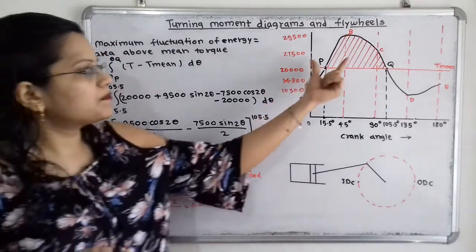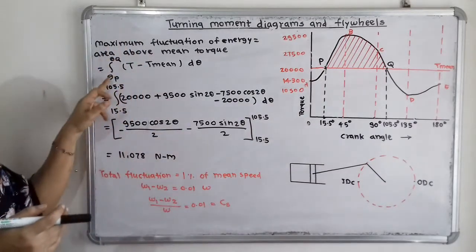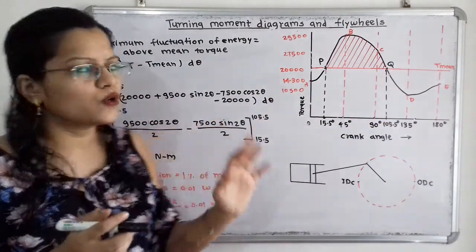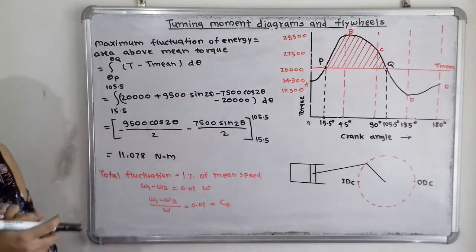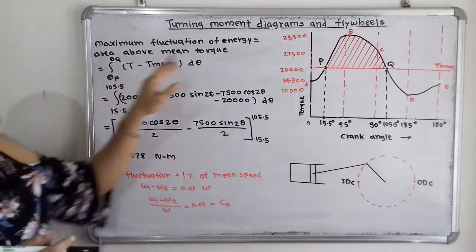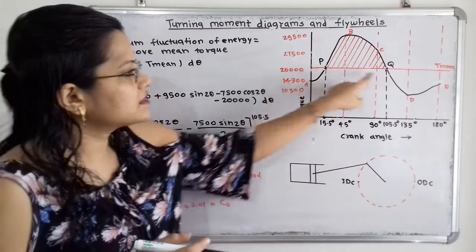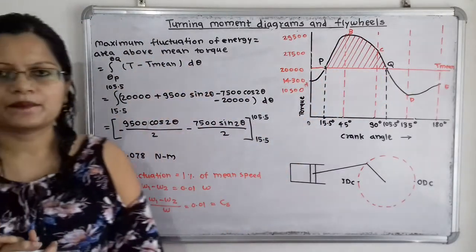For this particular area, we will give the integration from theta P to theta Q of the bracket T minus T mean, d theta. Here T is the torque for this curve, minus the mean torque that we have to take, and here is d theta.